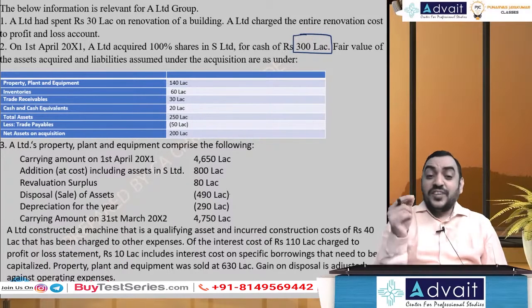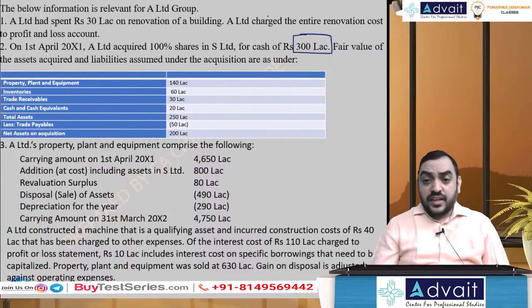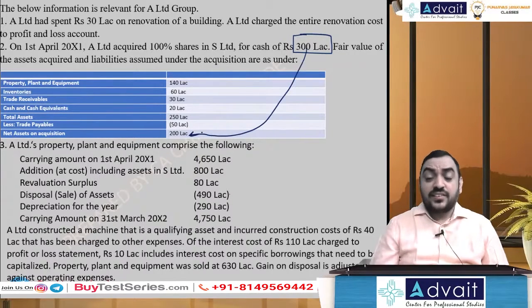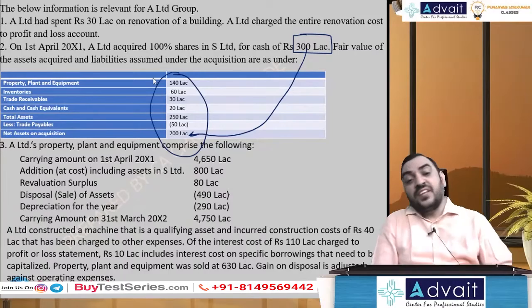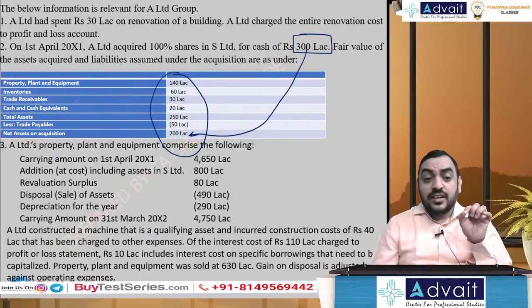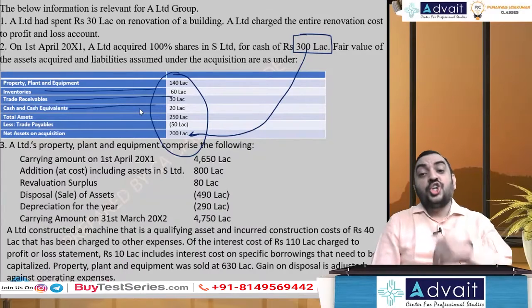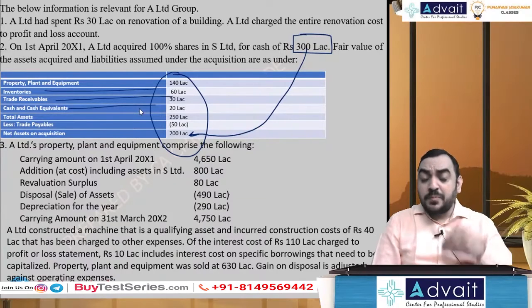Now, if that is part of investing activity, what does this 300 actually comprise of? 300 comprises 200 net assets and 100 goodwill, right? So these 300, or all these items, should be part of investing activities, which means items such as trade receivables, inventories, cash and all should not be part of working capital changes, should not be part of operating activities.